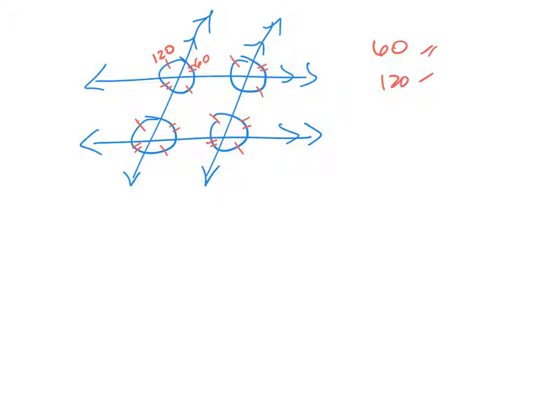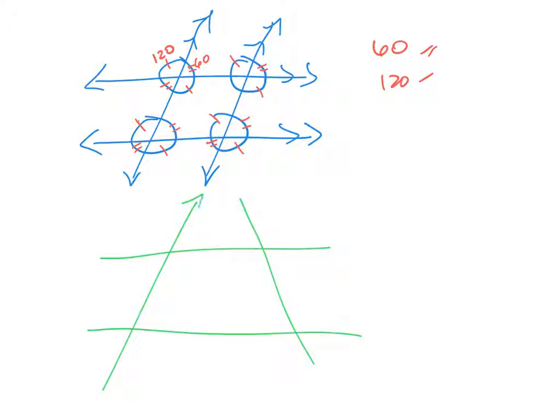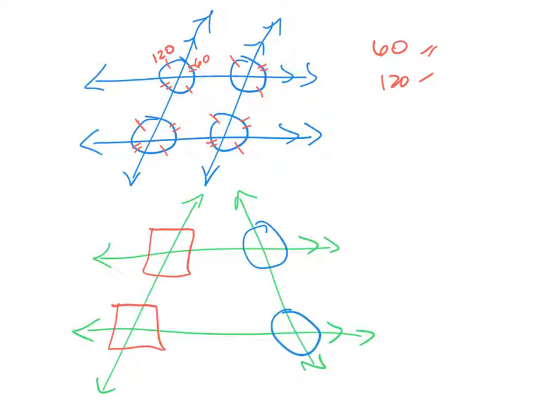All right? But what if I have this situation? Well, in this case, I've got 2 spears hitting the parallel lines at different angles. So let's say this angle here is 150.